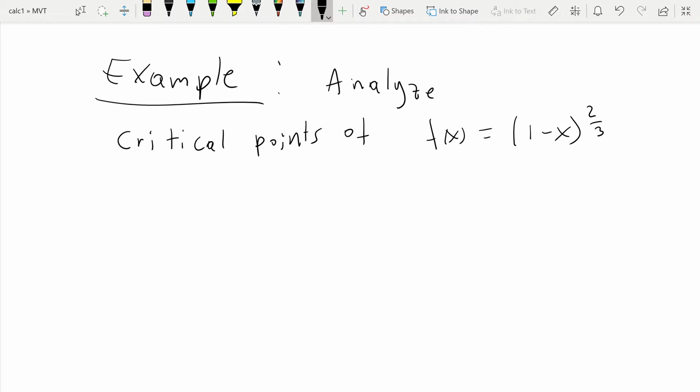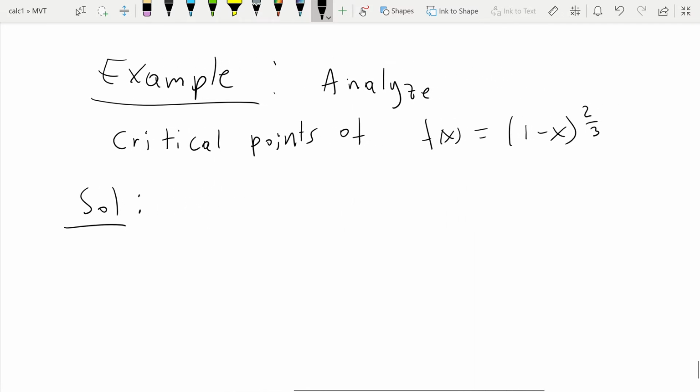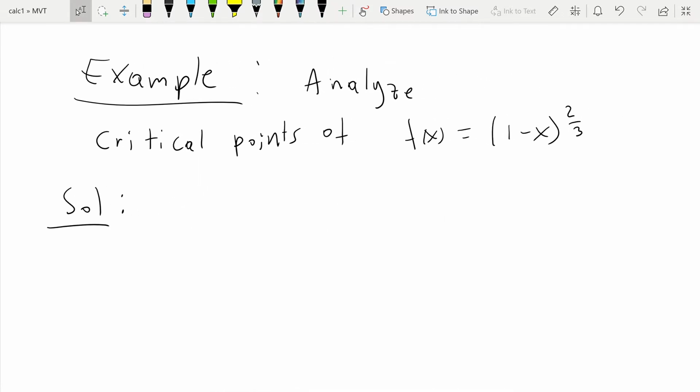So let's start. This is an example. The function is something that has come up before, and that's what I wanted to use as an example. So analyze the critical points of a function like this.